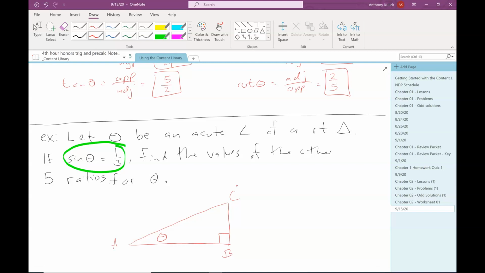Ben? Good. So Ben knows that sine is opposite over hypotenuse, so the opposite side needs to be 1, and consequently the hypotenuse, or AC, needs to be 3. Everybody's okay there?